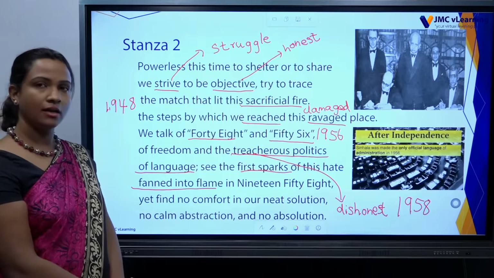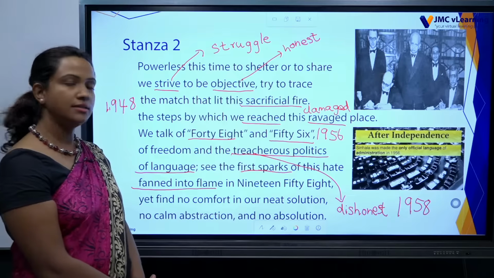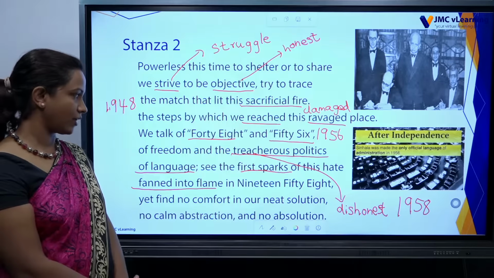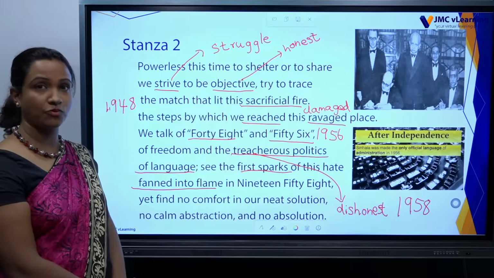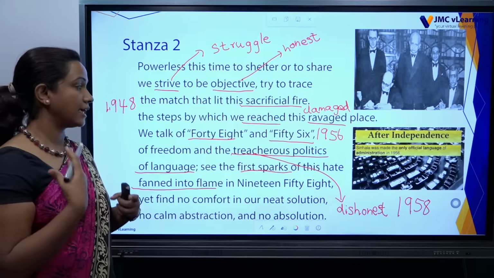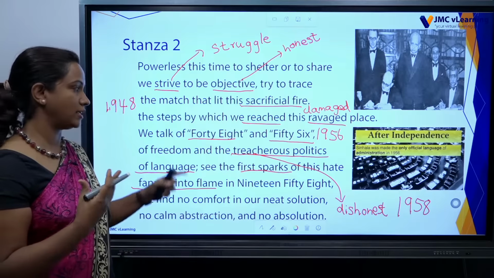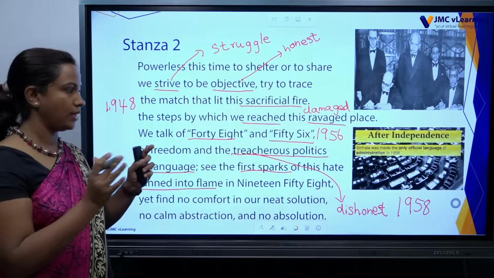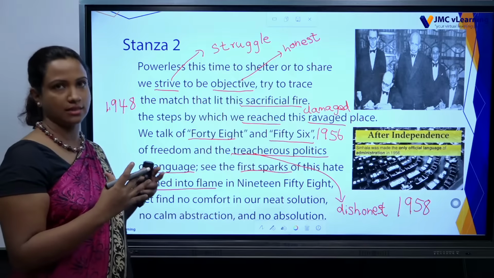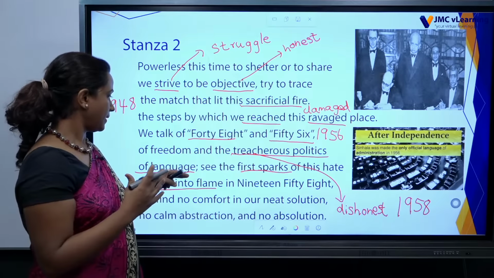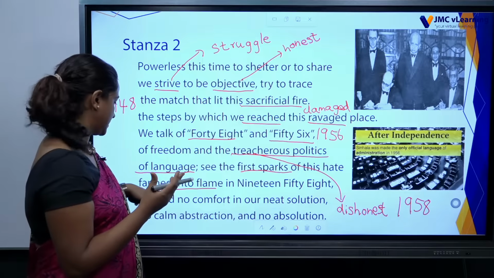They actually started the violence again, right? The first sparks of this hatred fanned into the flame. Flame means the hatred was getting more. It's probably the Tamil group. They got together in 1958 and started hating this country because of the political reasons.